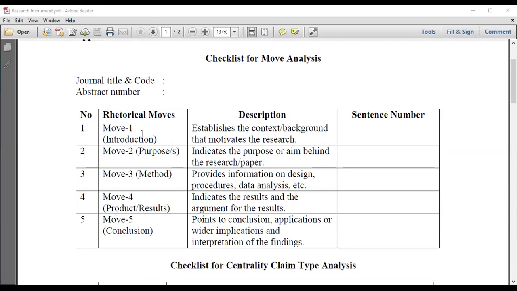It's called a move. Move one, introduction. Of course, because it is introduction or background, it is located at the beginning of the abstract. It is not the purpose. So this is where the authors start introducing their topic or their research at the beginning of the abstract.